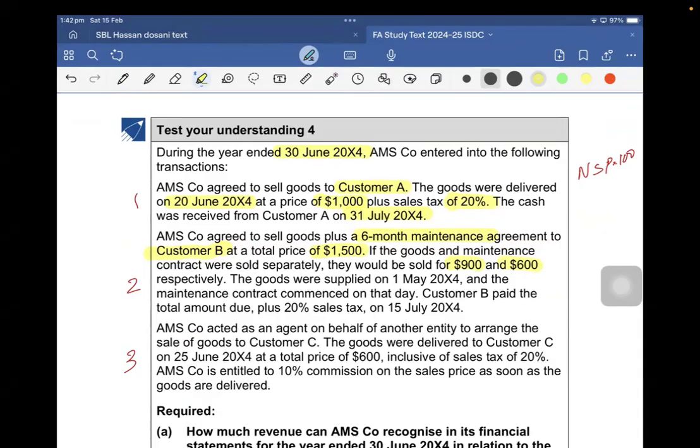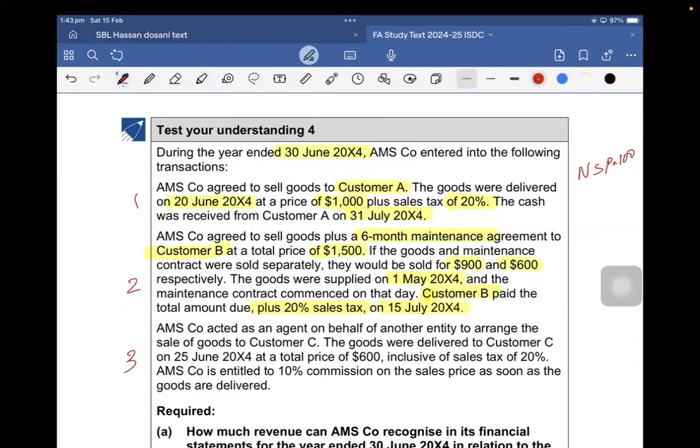The goods were supplied in May 2004. What is your year end? 30th June. The maintenance contract commenced on that day. Customer B paid the maintenance contract amount due plus 20% sales tax on 15th July 2004.